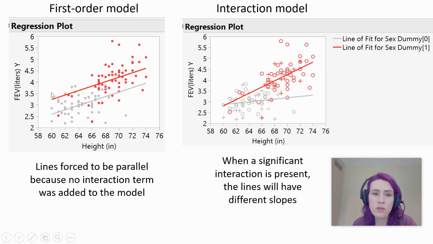All right, so our first order model where the two sexes were forced to have the same slope looks like this. But if we let them have different slopes by including interaction, it looks like the female slope is a lot lower than the males. They're both increasing here, but the males are increasing at a much higher rate.